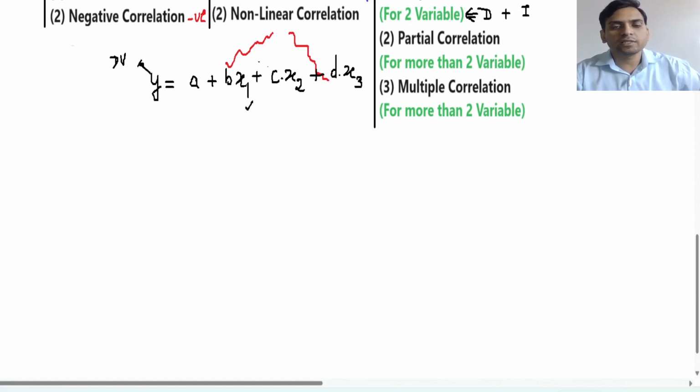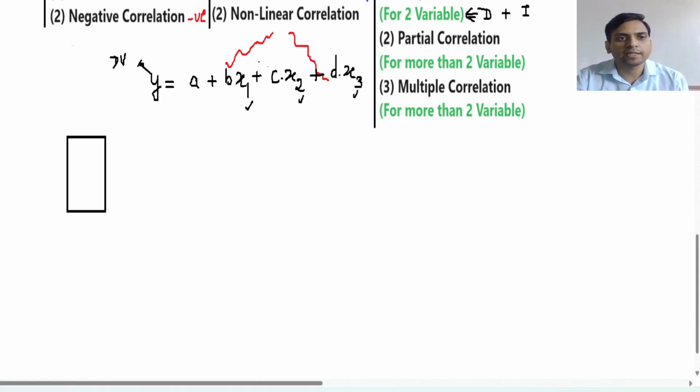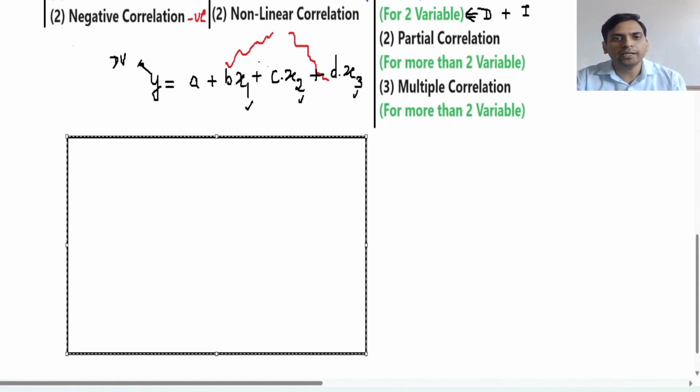First is x1, second is x2, third is x3. So as there are more independent variables, that's why this may be case of partial correlation and this may be case of multiple correlation. So I will explain what's the difference between partial correlation and multiple correlation.